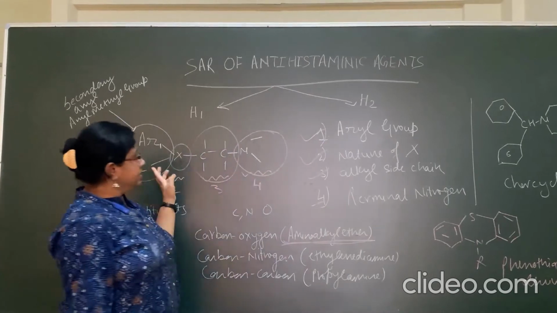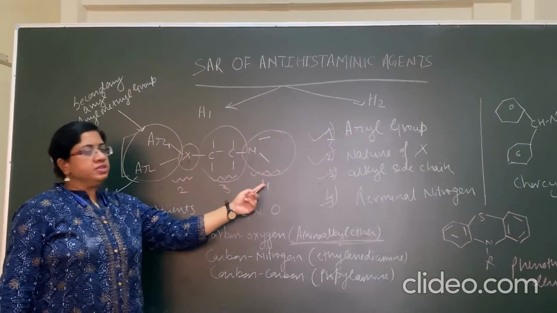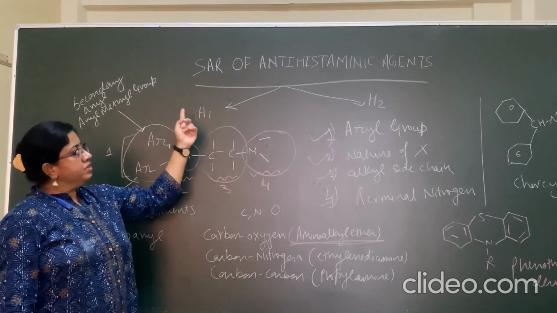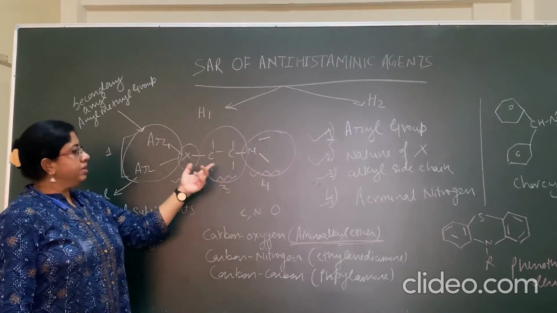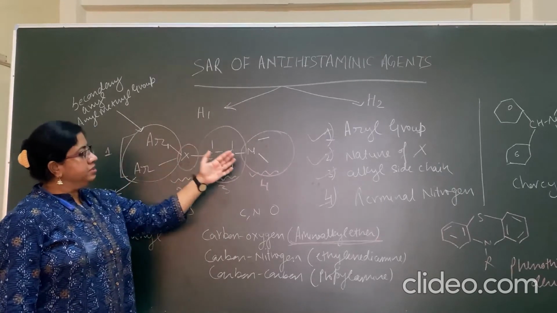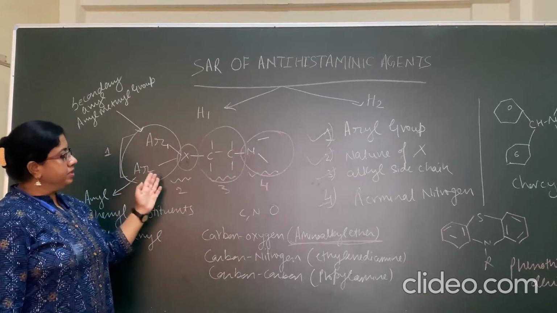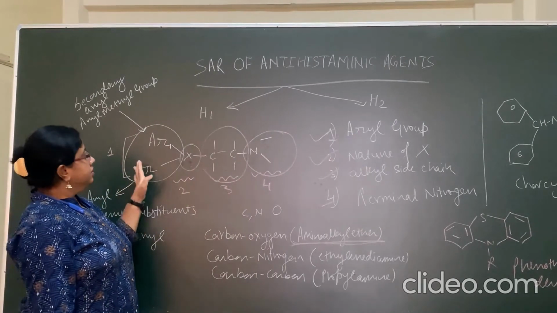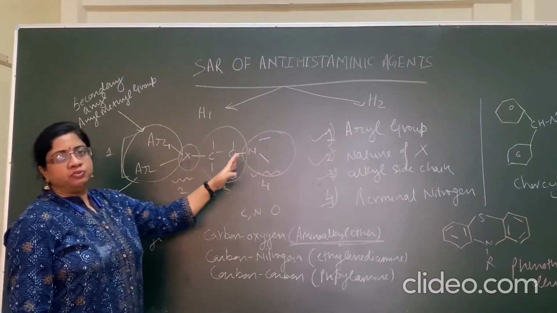You see the general structure of H1 receptor antagonist. So here we will discuss the general structure of antihistaminic agents for the study of SAR. This structure we will divide into four parts.